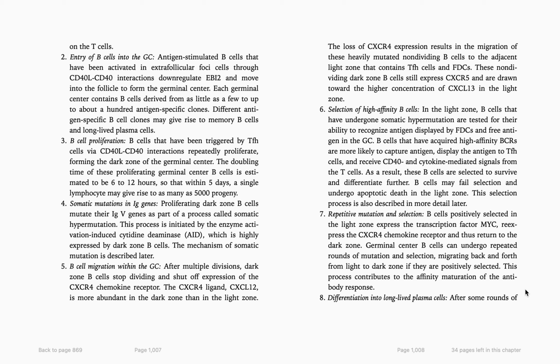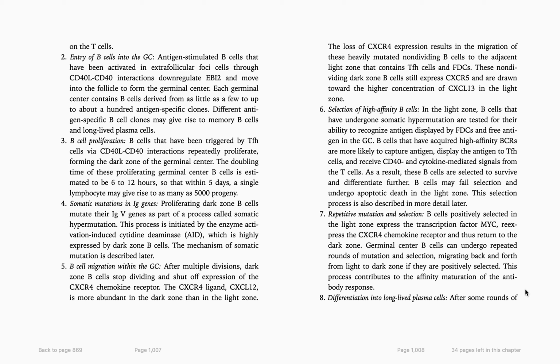Each germinal center contains B cells derived from as few as one to up to about 100 antigen-specific clones. Different antigen-specific B cell clones may give rise to memory B cells and long-lived plasma cells. B cell proliferation.